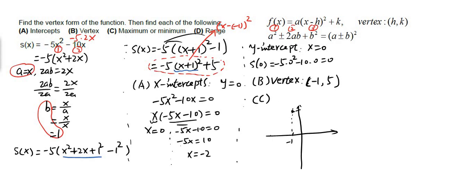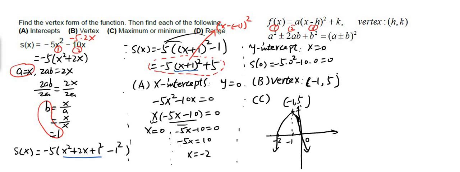And we have two x-intercepts, one is 0, another one is negative 2. So the curve looks like that. The curve has the vertex that is (negative 1, 5).